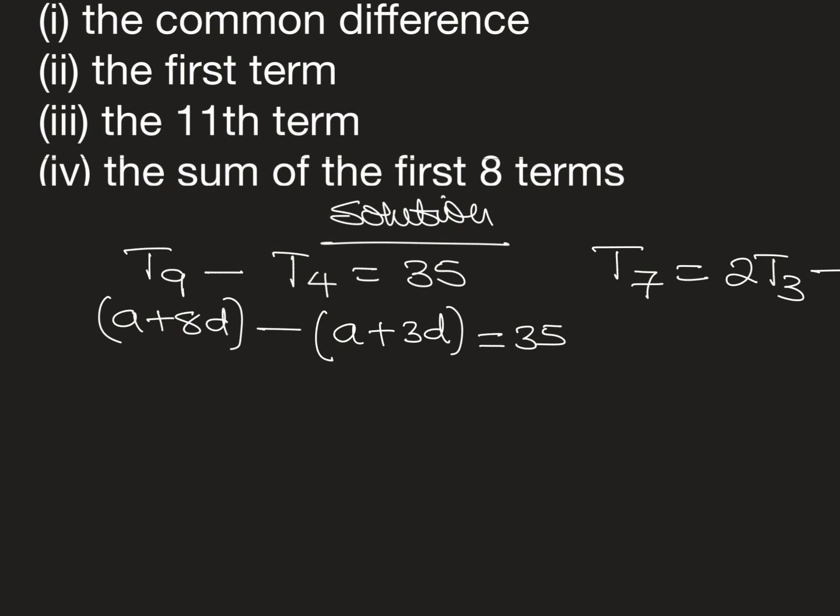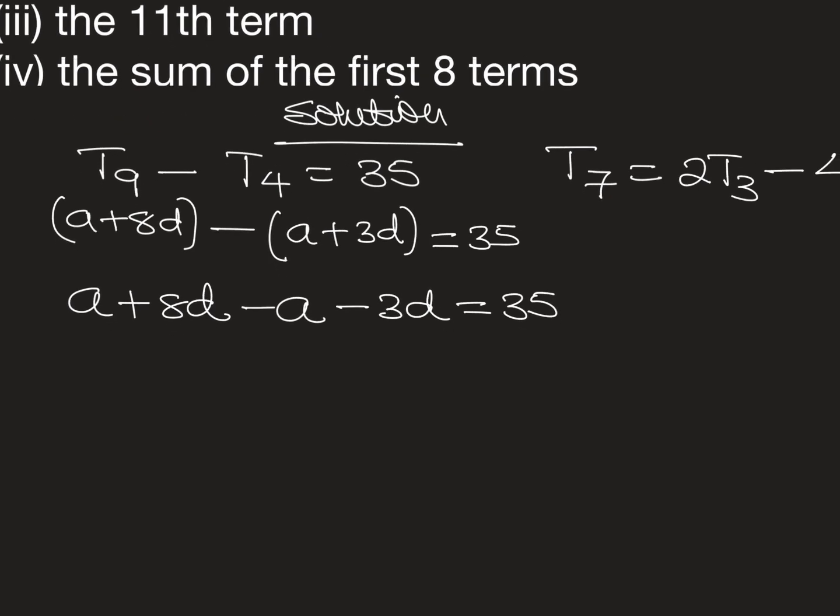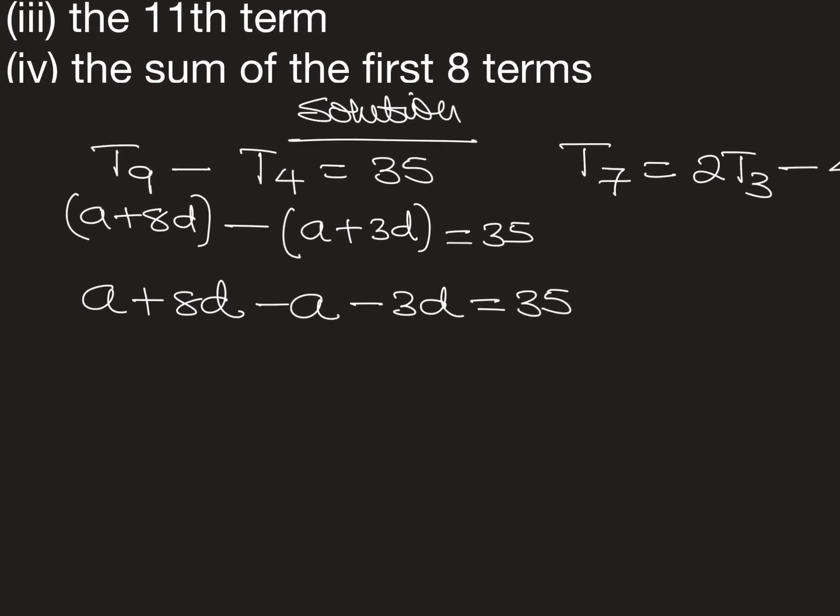So if I expand this bracket, we're going to have a plus 8d, minus times a is minus a, minus times positive 3d will be minus 3d. This is equal to 35. Whenever you have a negative, always be careful. So positive a will cancel negative a.